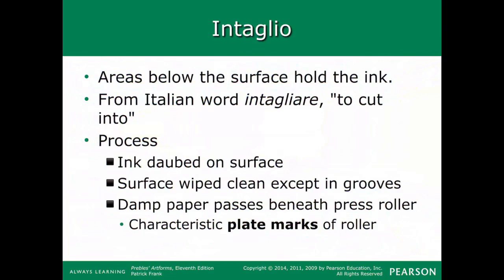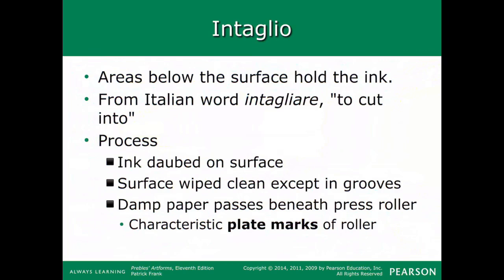Trompe-l'oeil, what else? They'll come up soon. And so when it comes to the process of intaglio, there is ink daubed on the surface, then the surface is wiped clean except for the ink that is in the grooves. There is a damp paper that passes beneath the press roller.